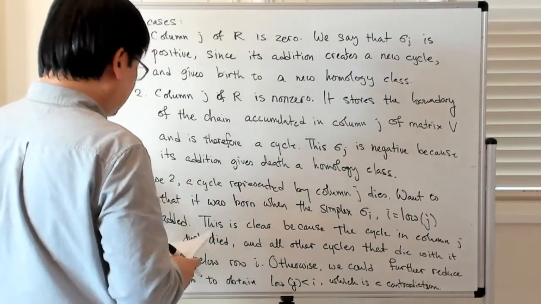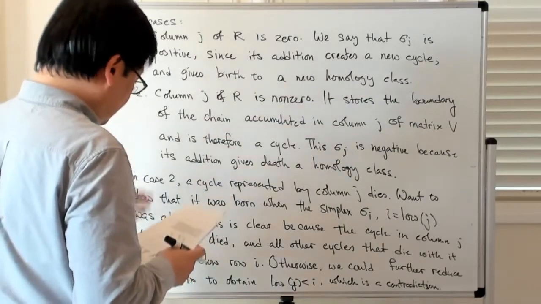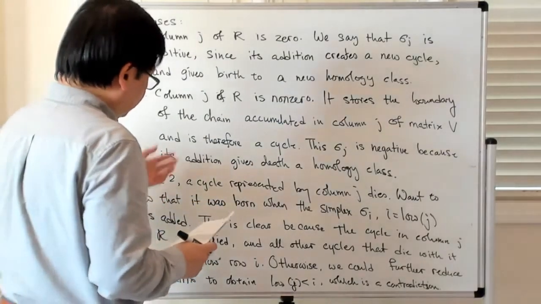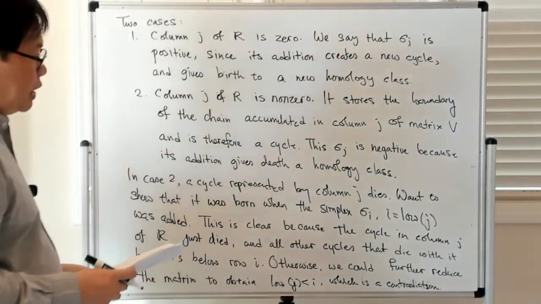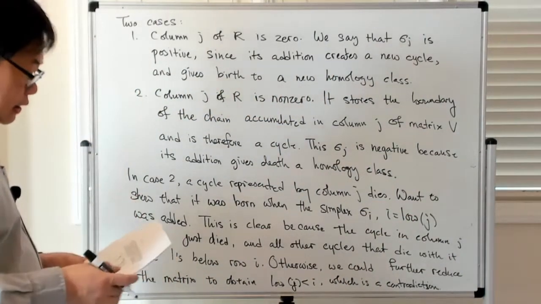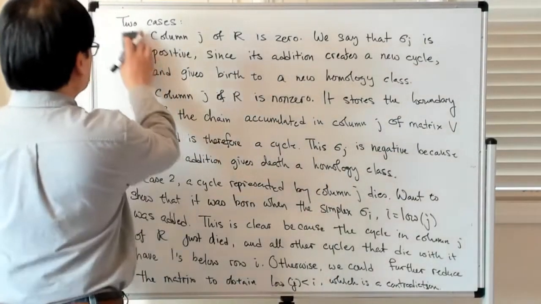So what this tells you is that the lowest ones are giving you information about the points in the persistence diagrams.